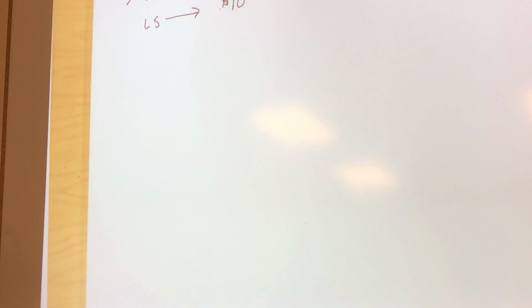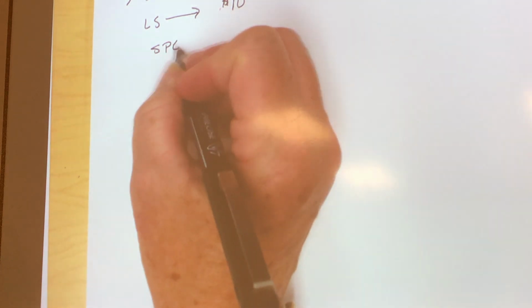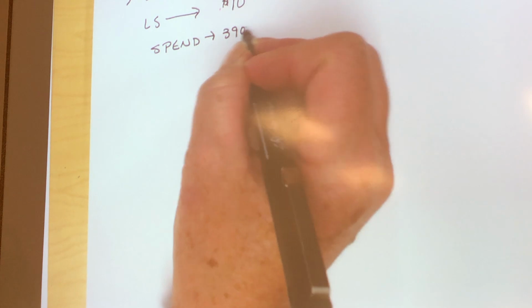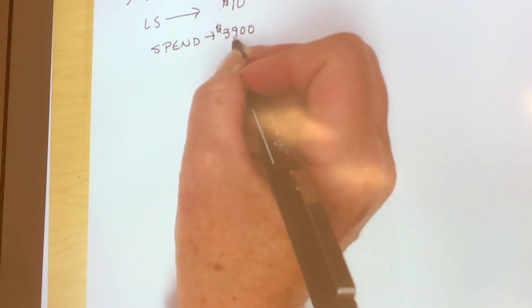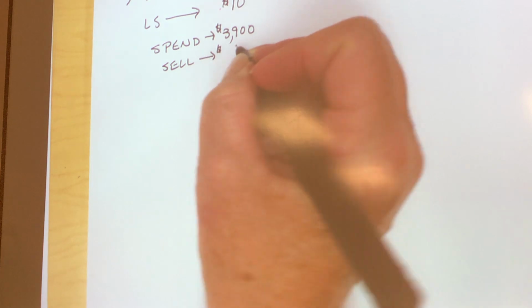All right, here's what they say. The school spends a total of $3,900. Stop. Okay, so they spend $3,900, and they sell all of them for $5,925.